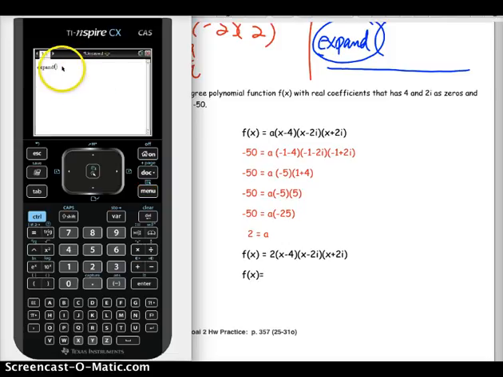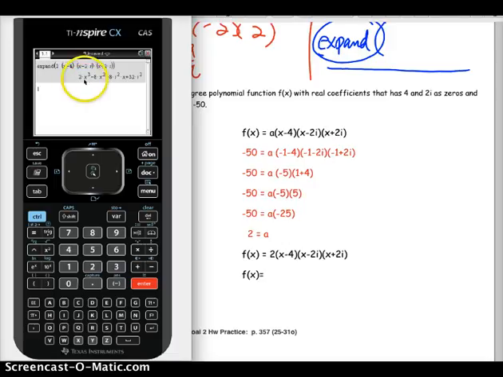And it opens the expand function. Notice there's a set of parentheses for you, and that's where you will enter your function that you'd like to expand. So 2 times x minus 4 times x minus 2i times x plus 2i.